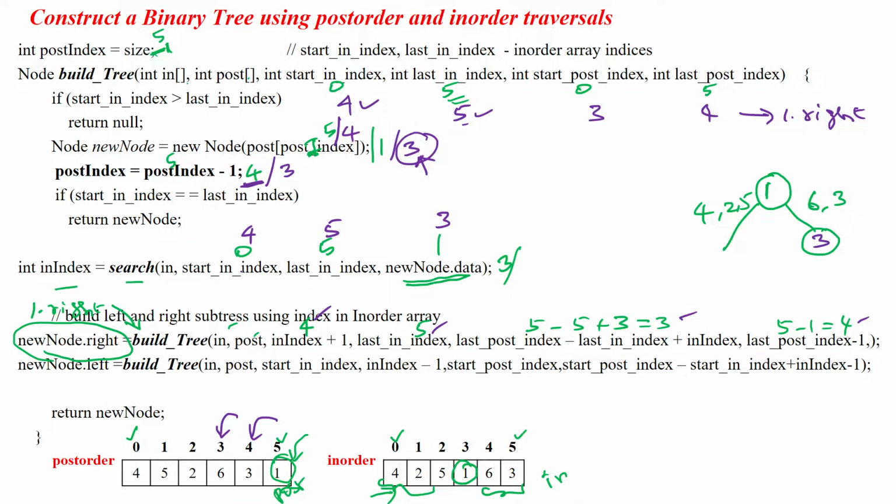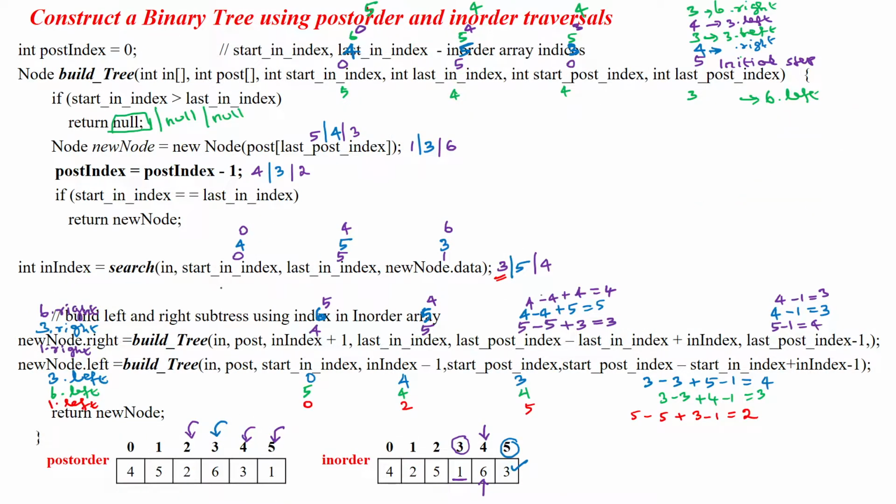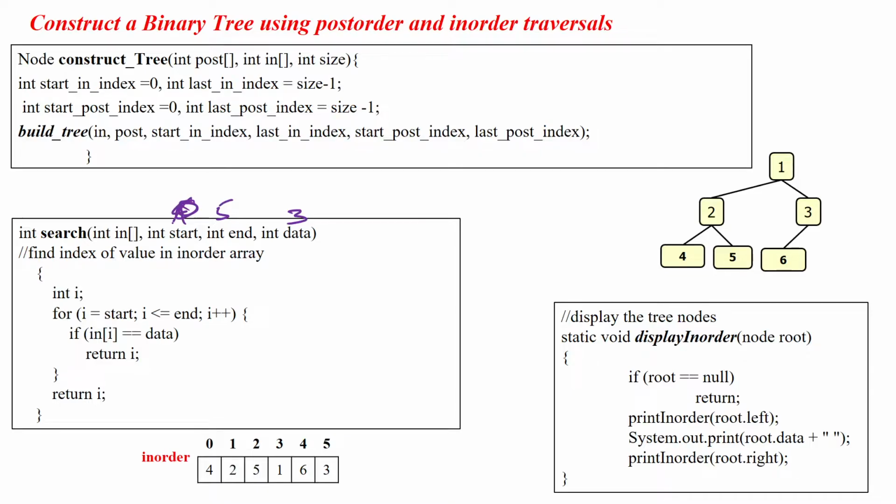Starting index is 4, last index is 5. So now we are searching the data 4 2 5. In order of 4, which is matching the 6, our data is 3 which is not matching, so which is false.